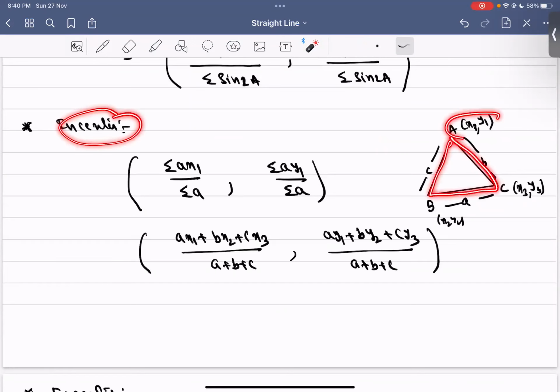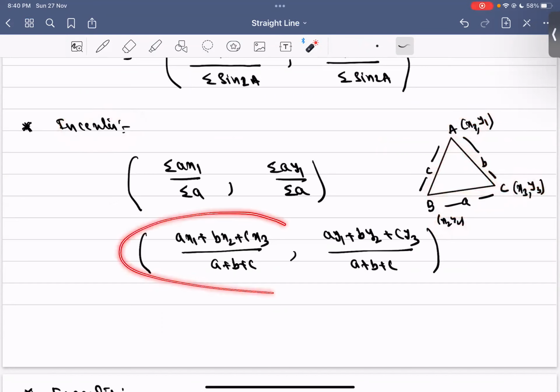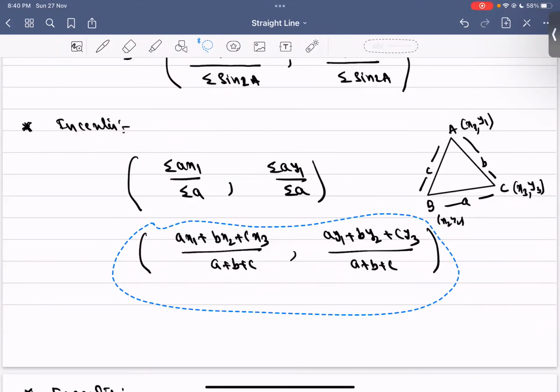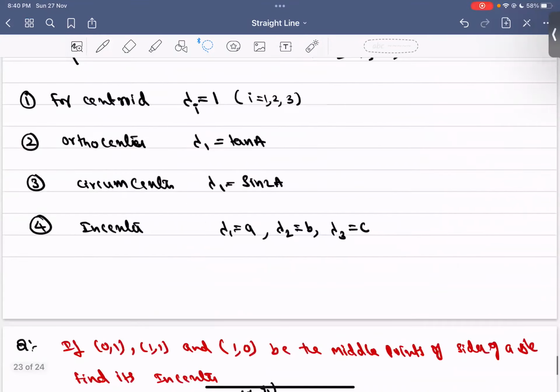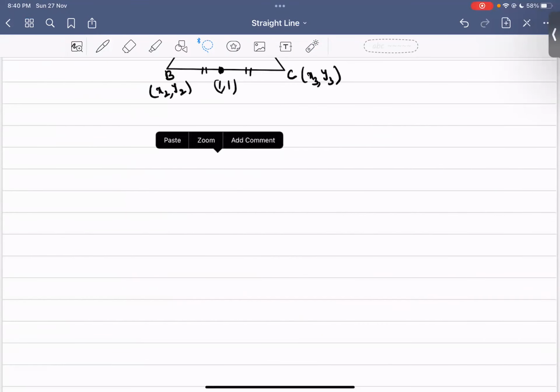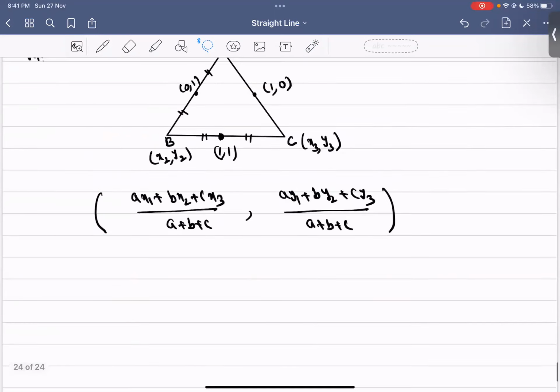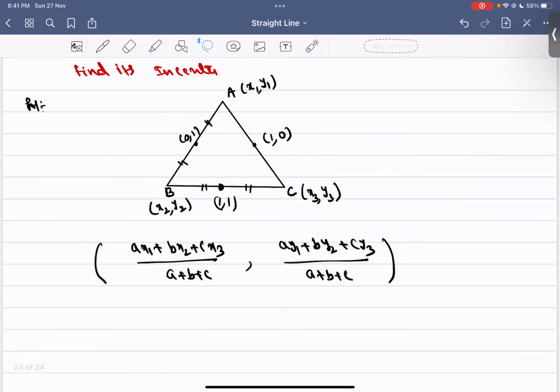So first we find the vertices, then the lengths of the sides, then put them in this formula, the incenter formula. First we need to find x1, y1, x2, y2, x3, y3. To find these, we need the midpoint formula. This is the midpoint of AB, this is the midpoint of BC, etc.